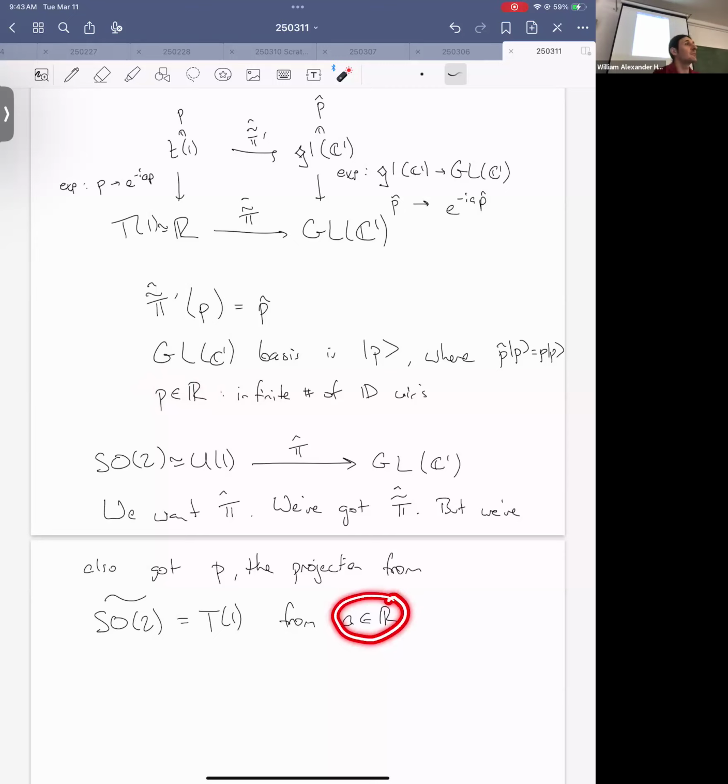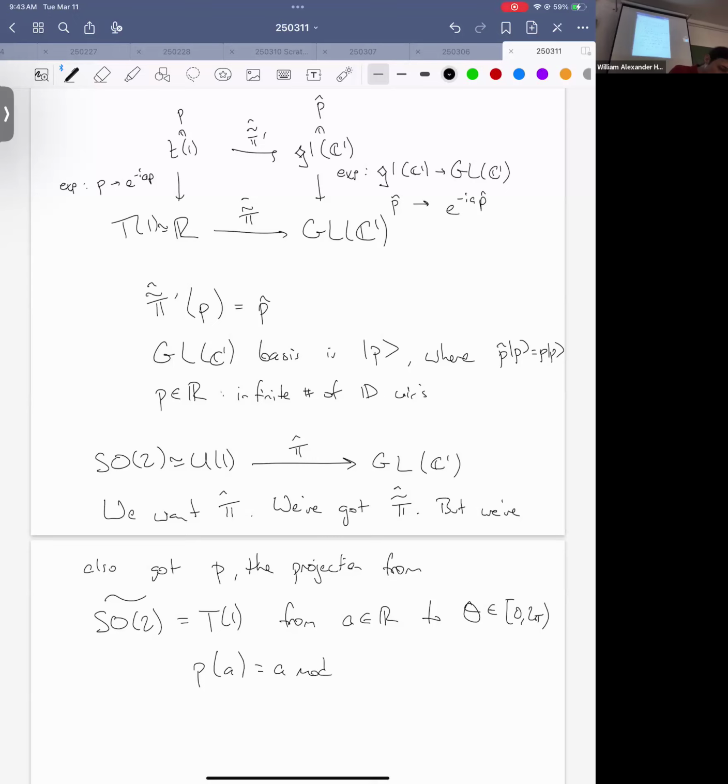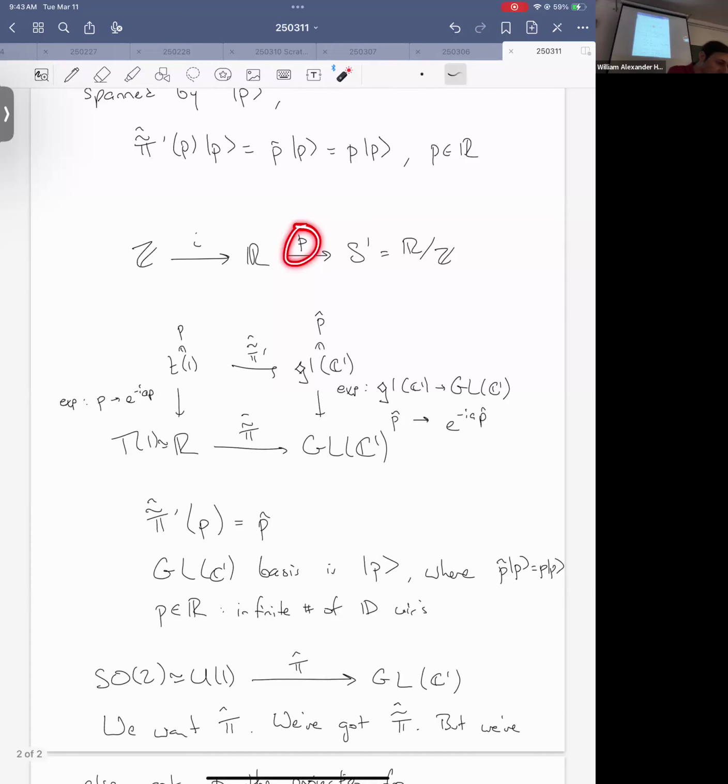This A tells me how much I'm translating spatially one of these states in the vector space associated with one of those unitary groups of representations. Okay, so I have a projection from the A element of R to theta, which is an element of 0 to 2 pi. Trivially given by the projection of A is equal to A mod 2 pi. So this gives me this projection from the universal cover to the group itself.